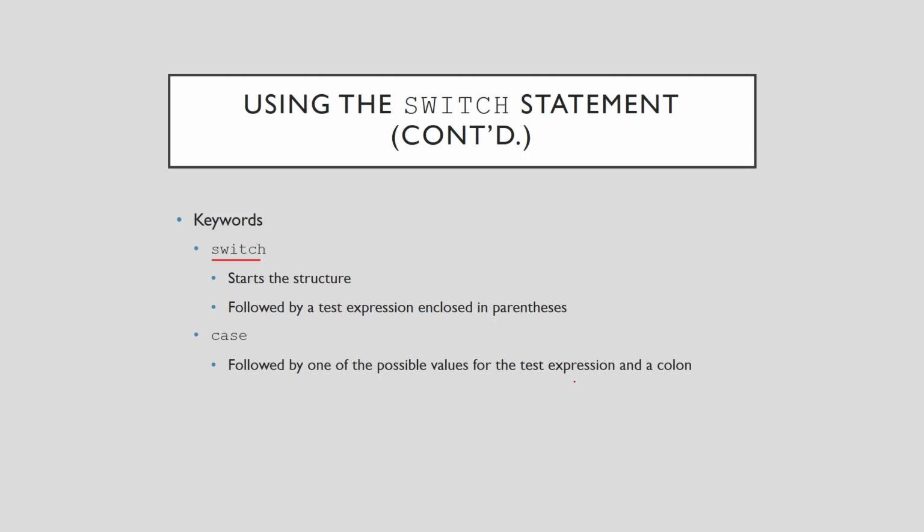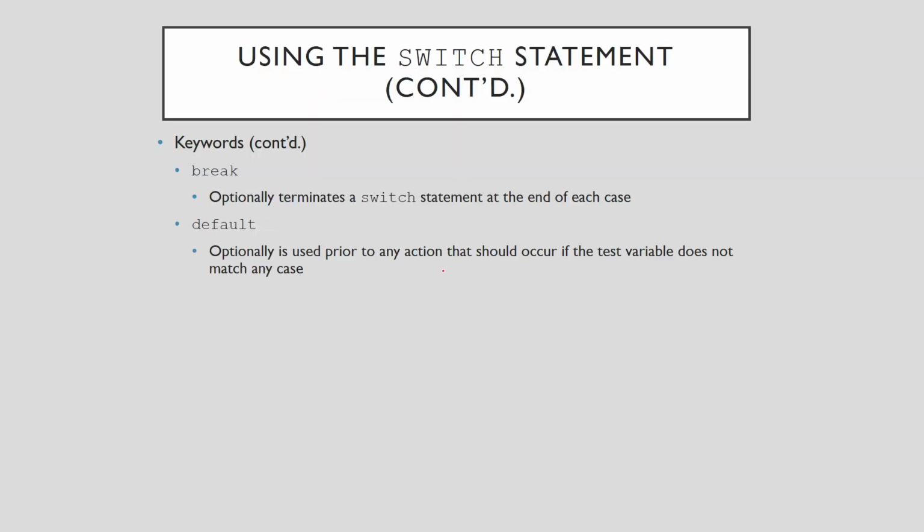You may use the integer, character, or string. The break statement will be used to end the statement in each case. And the default keyword is optional and is used prior to any action that should occur if the test variable does not match any of the cases.